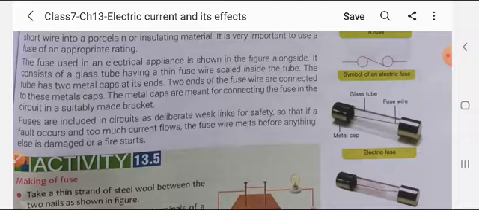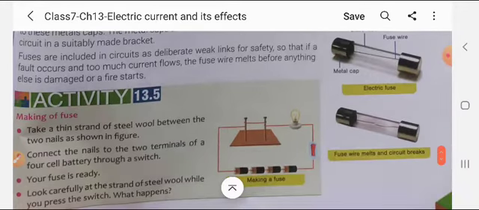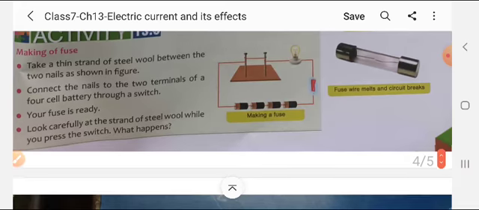If more electric power has come, it automatically burns the inner connection and stops any havoc conditions.